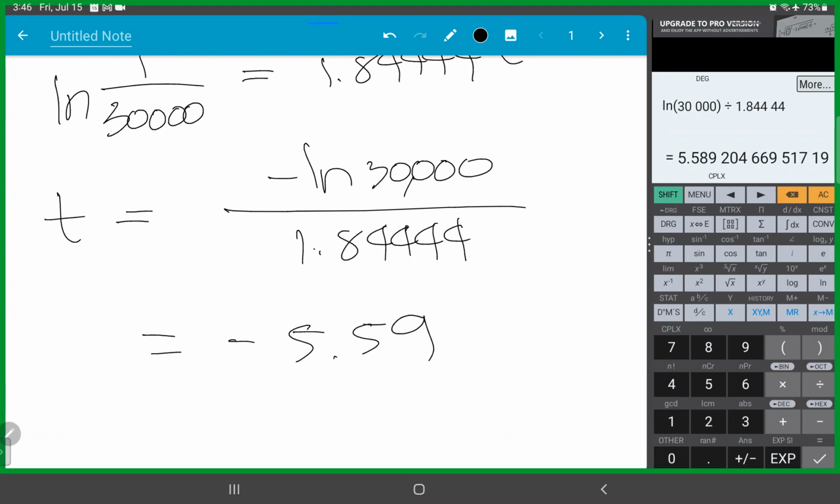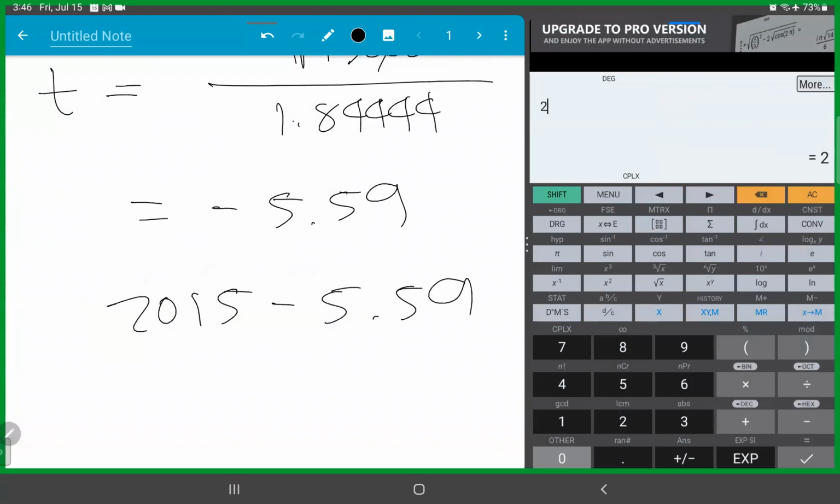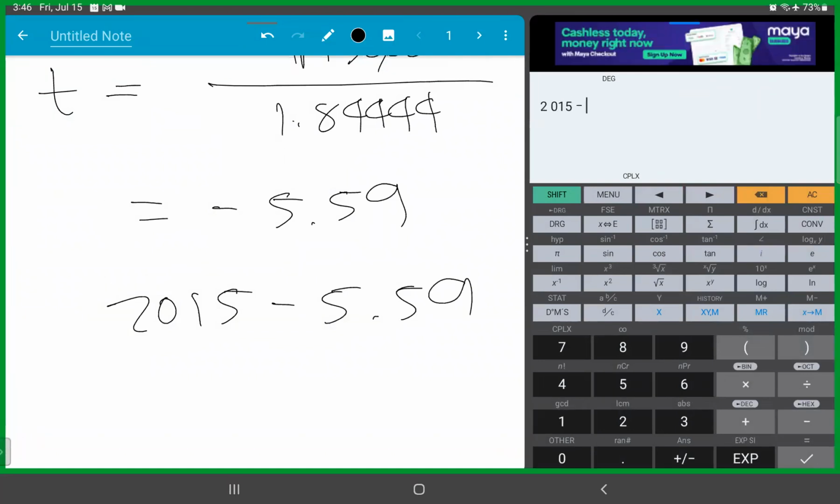So year 2015, right? You subtract that. That's year 2009.